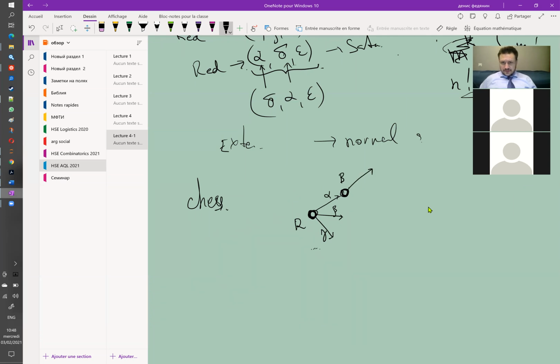He can choose beta or delta, but maybe not alpha because red has already chosen it. Or maybe he wants alpha too, so he wants to split. And then red, maybe he wants to place another shop, and then blue, and so on.